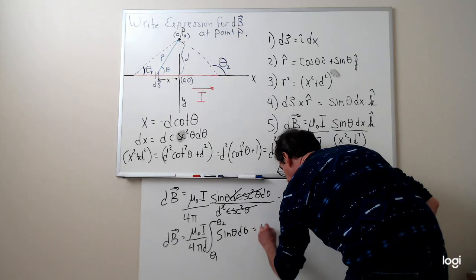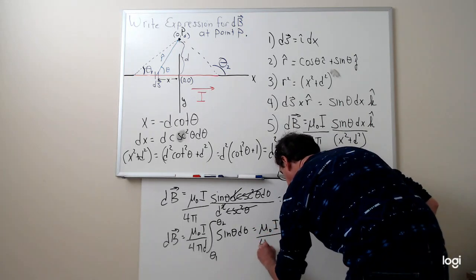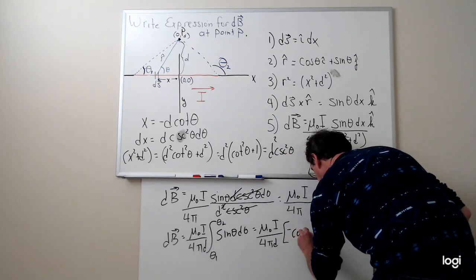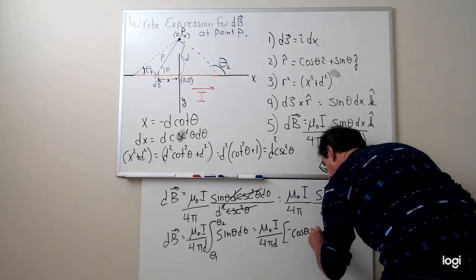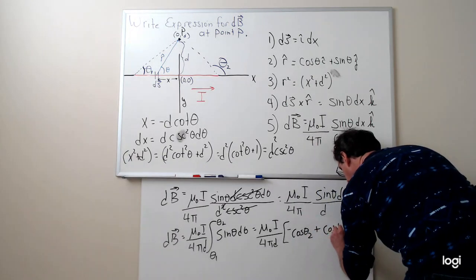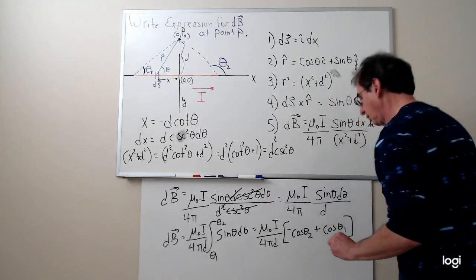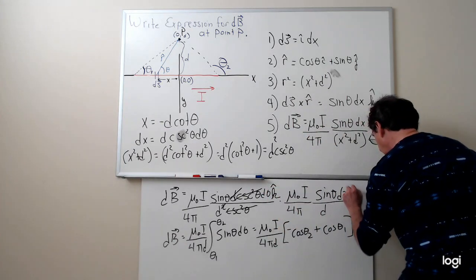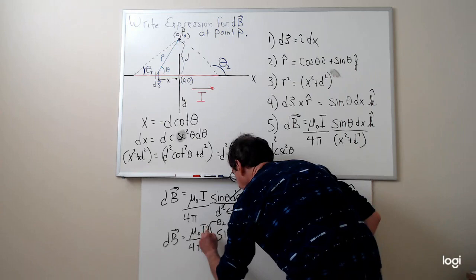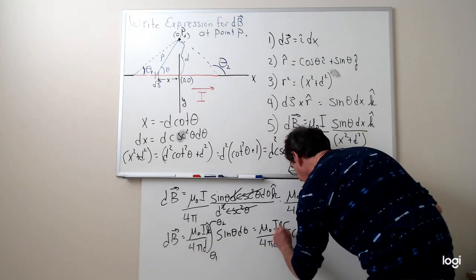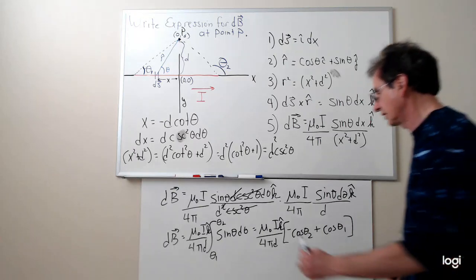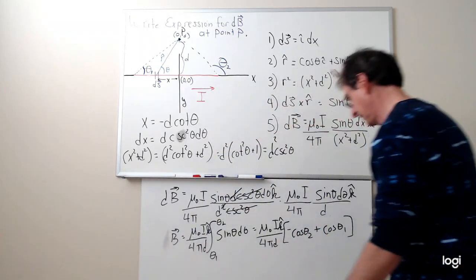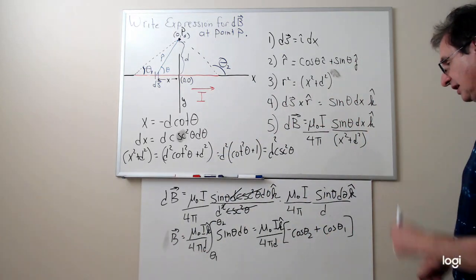So I'll get the following. And one thing I forgot here is my unit vector k hat. Oops, and I forgot that's B, sorry. All right, so now we have B is equal to that expression.